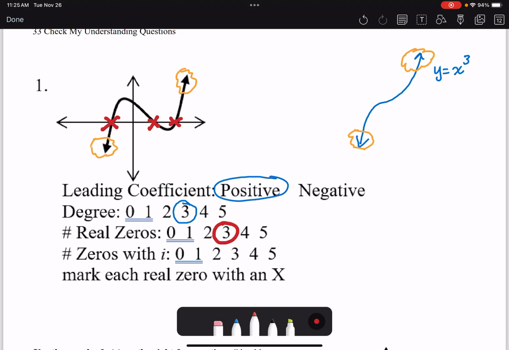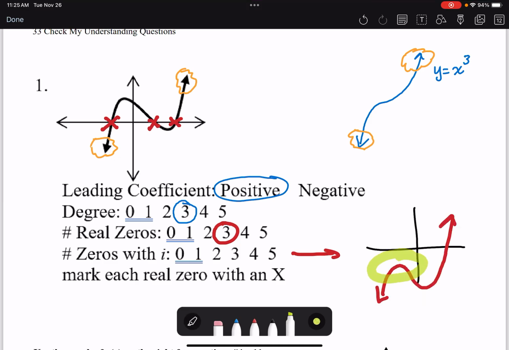And the zeros with i, that's going to happen if I have a graph that could have crossed the x-axis but did not. So right here, you'll notice that spot could have been higher and crossed the x-axis with that little bump right there, but it didn't. That would be an imaginary zero if I had something like this, but I don't have that, so I have none with i.